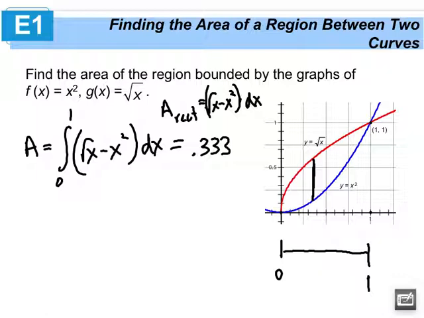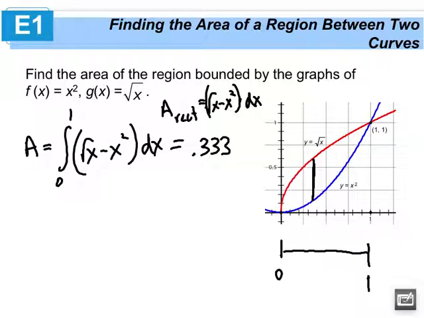And if you did it by hand, if you took the antiderivative of x to the 1/2 and the antiderivative of x squared, and plug it in, you'd probably get 1/3. But for now, that's good enough. We could also approximate the area by counting up the number of squares, multiplying by 0.25 times 0.25, and going from there. But again, easy peasy. Solving the integral for me is not the major concern right now. My major concern is that you're able to set them up.